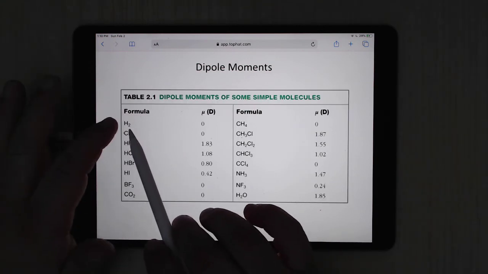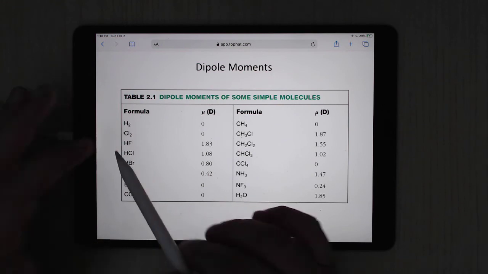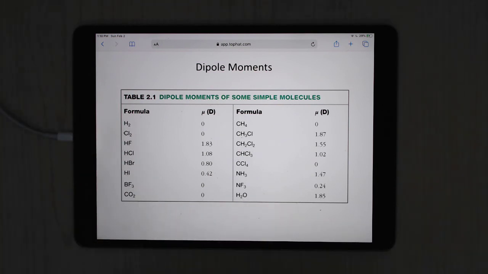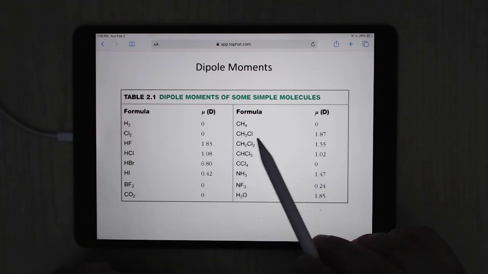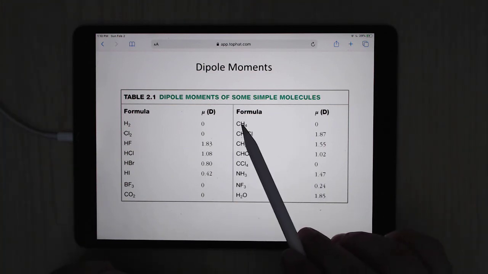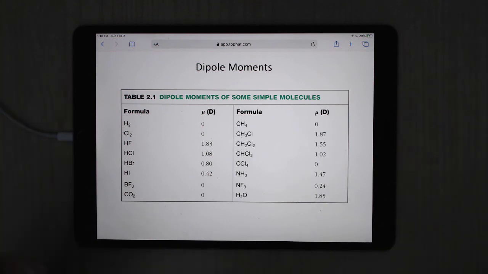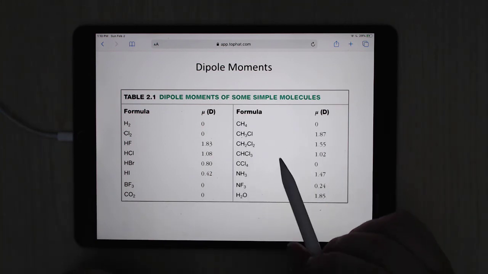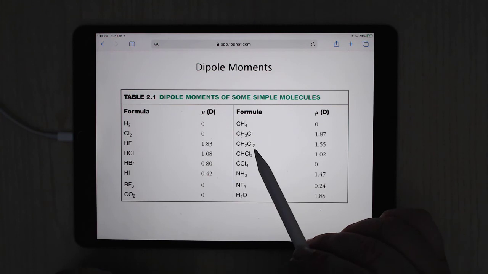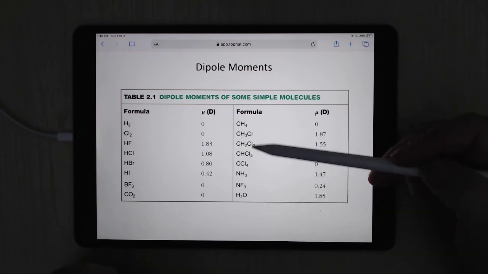And so if you have something like H2, Cl2, there's no dipole because there's no electronegativity difference between the two. But if you have some of these, if they're symmetrical, so CH4, they're going to cancel each other out. But these guys do not.